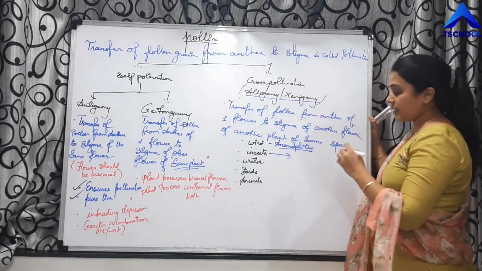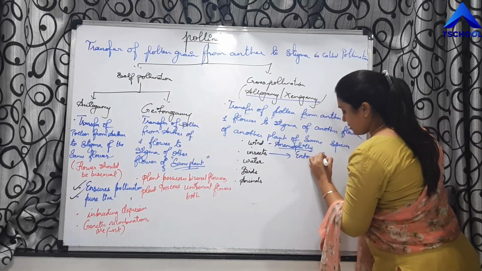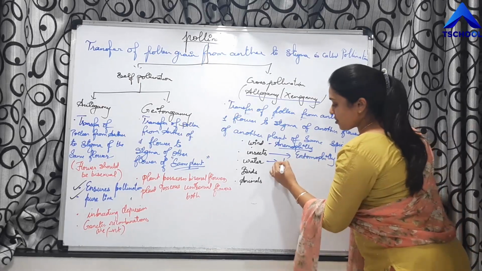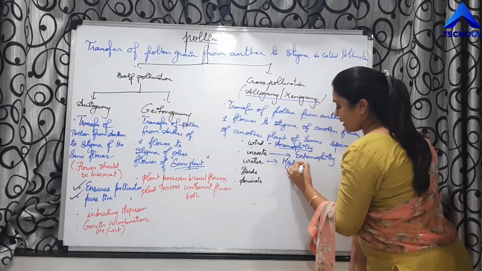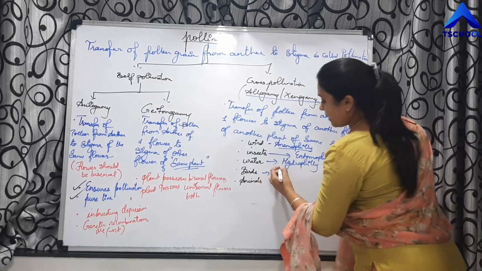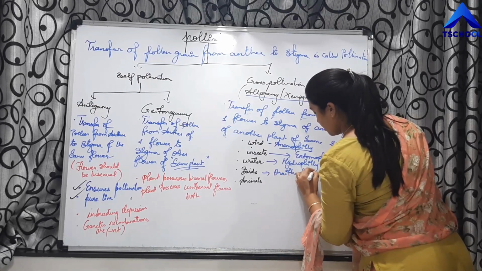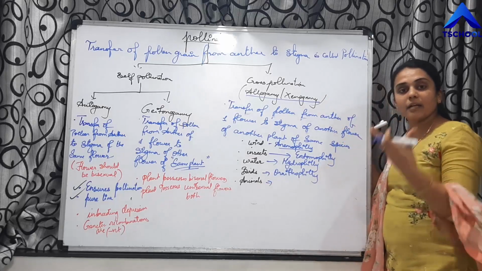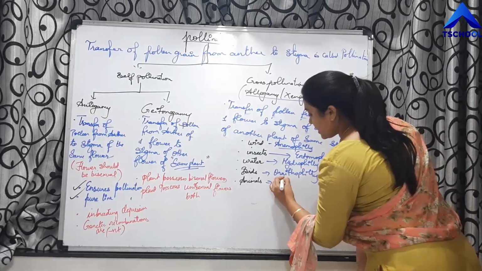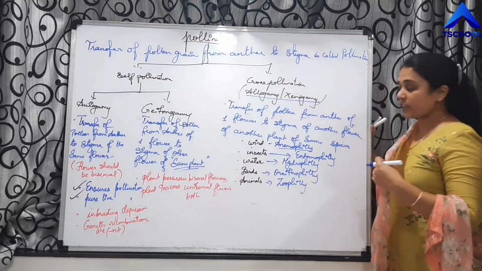If insects are the pollinating agents, then it is called as entomophily. If water is helping in the process of pollination, it is called as hydrophily. If birds are helping, it is called as ornithophily. If animals are helping in pollination, in general animals such as monkeys, such as squirrels, then that is called as zoophily. Within animals also there is specificity.